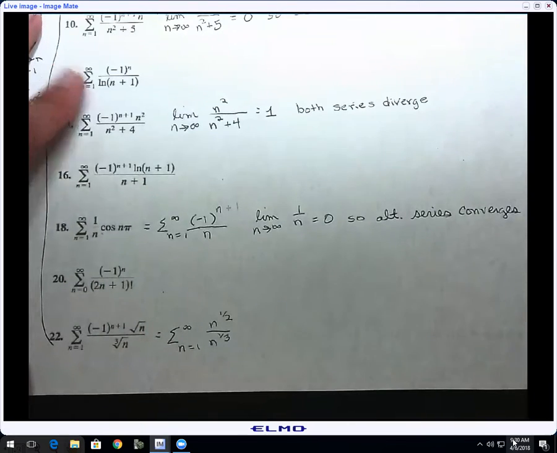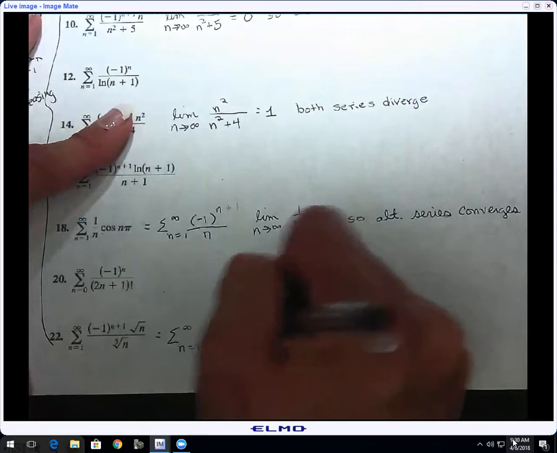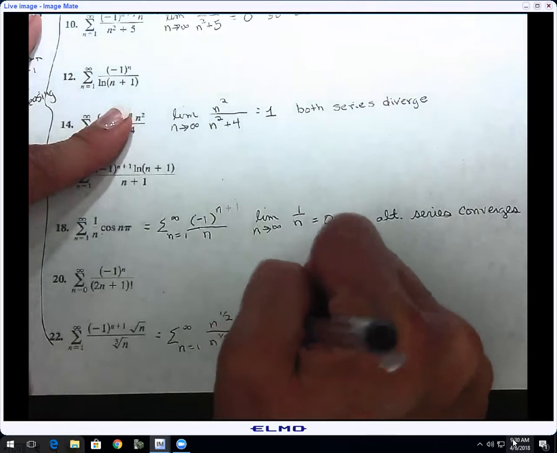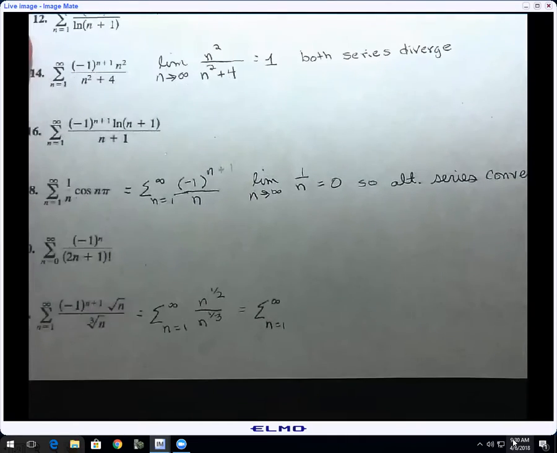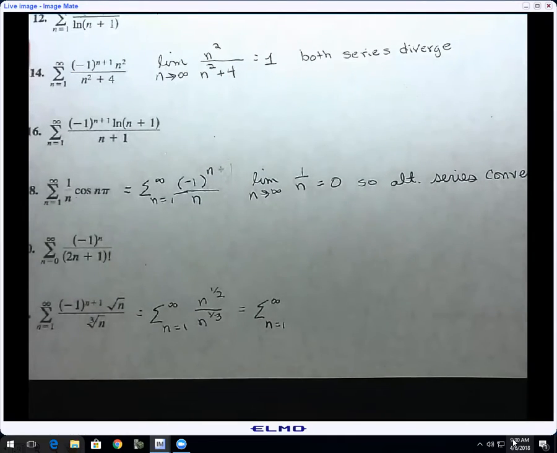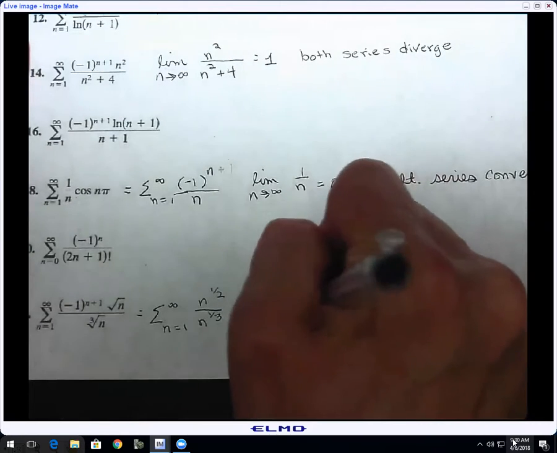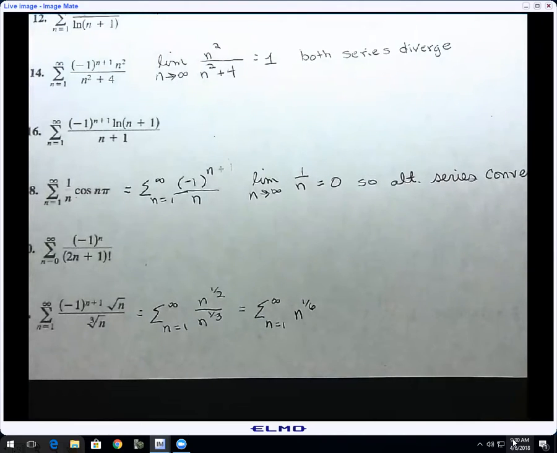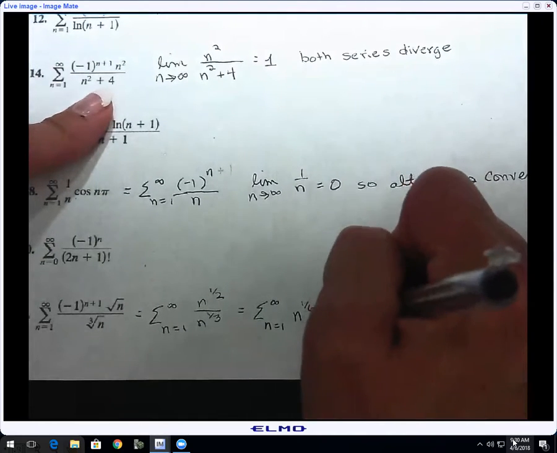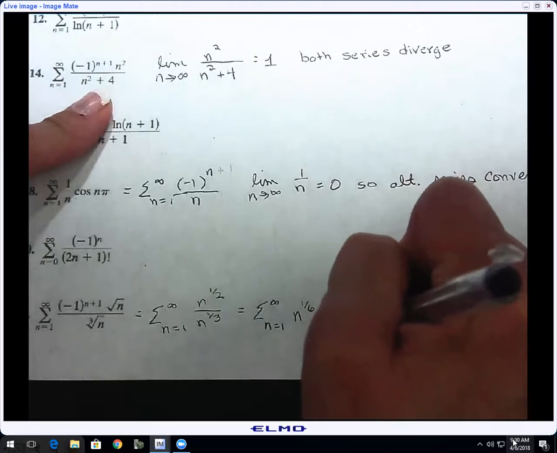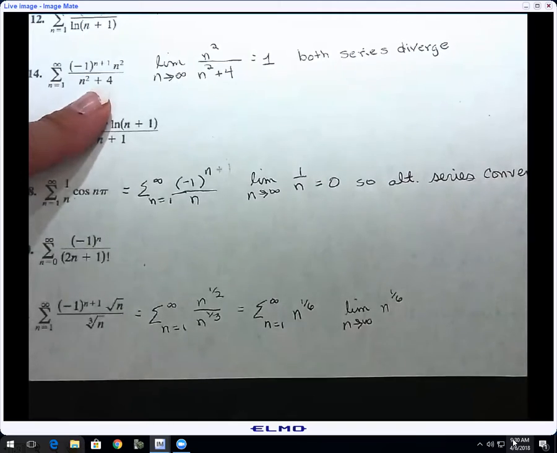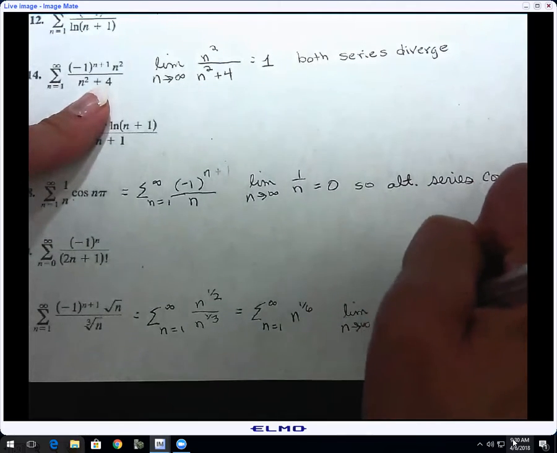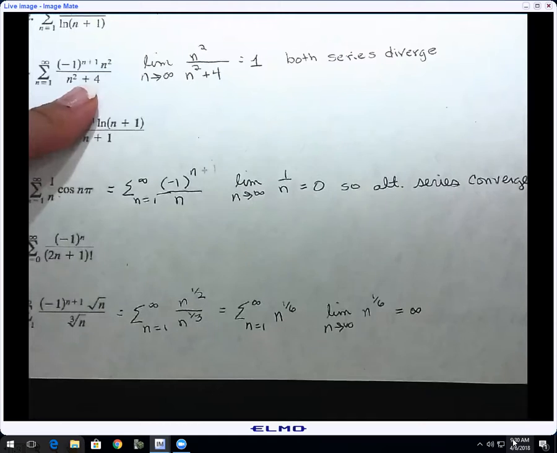You want to clean that up any before we take the limit? 3/6 minus 2/6 is 1/6. What's the limit as n goes to infinity of n to the 1/6? We get infinitely big, and what does that tell you?